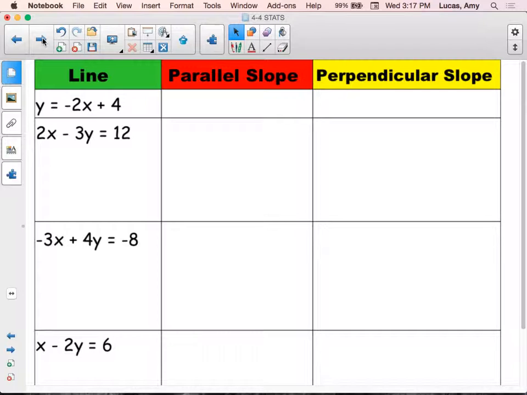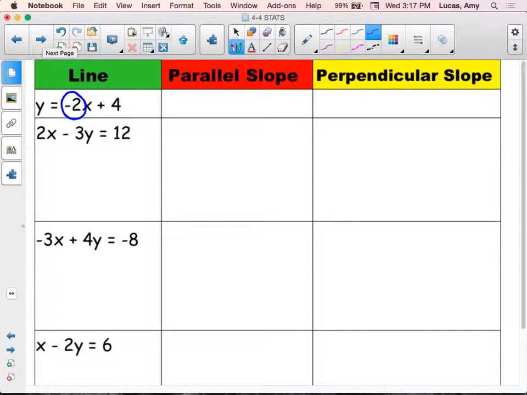Okay, our first slide, we have 4 different lines written, and then what we're looking for is the parallel slope and the perpendicular slope. So the first equation is written in slope-intercept form. So you can see the slope is -2 in the original equation. Parallel slopes stay the same.